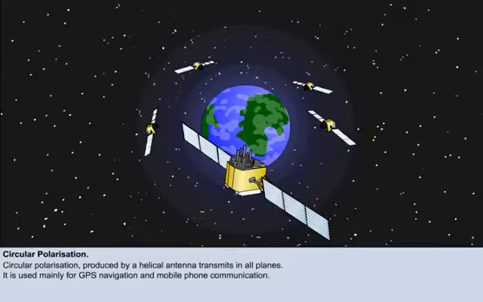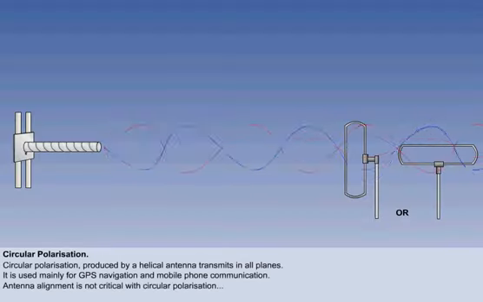Consequently, circular polarization is most often used in satellite communications such as GPS and mobile phones. Circular polarization also has the advantage that antenna alignment is no longer critical, as the wave transmission is in all planes.